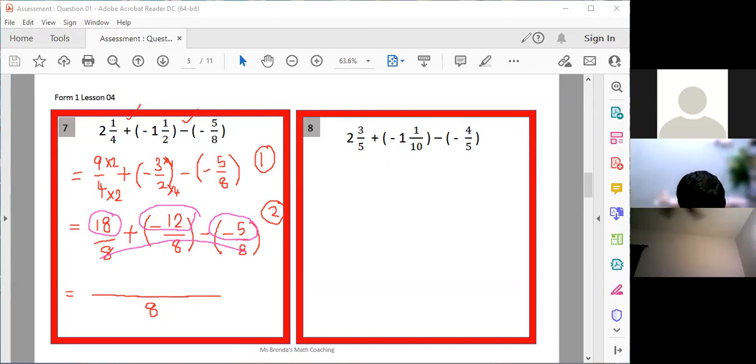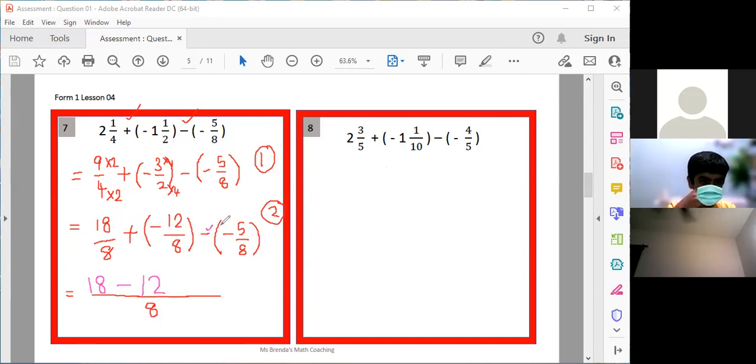What is 18 plus negative 12? Positive and negative, it will become minus 12. And what will happen if negative and negative join? It becomes positive. Positive 5.